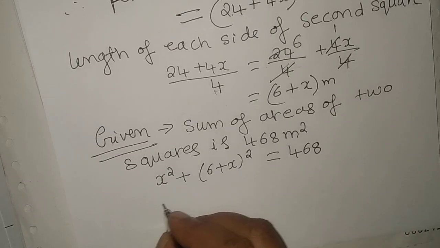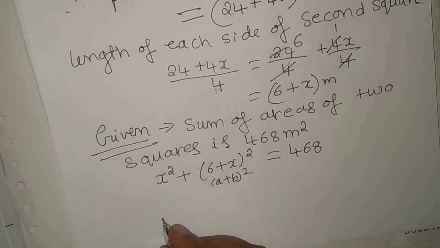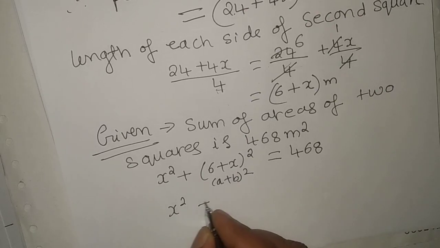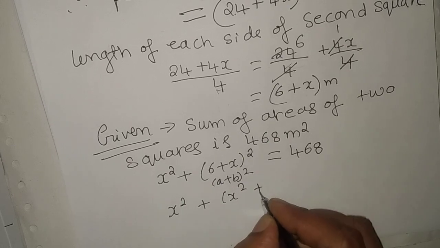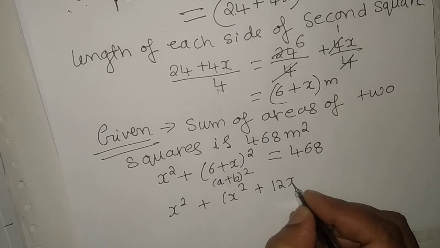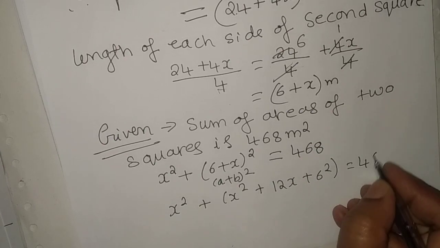Now we have to simplify: applying a plus b whole square, we get x square plus 12x plus 6 square is equal to 468.